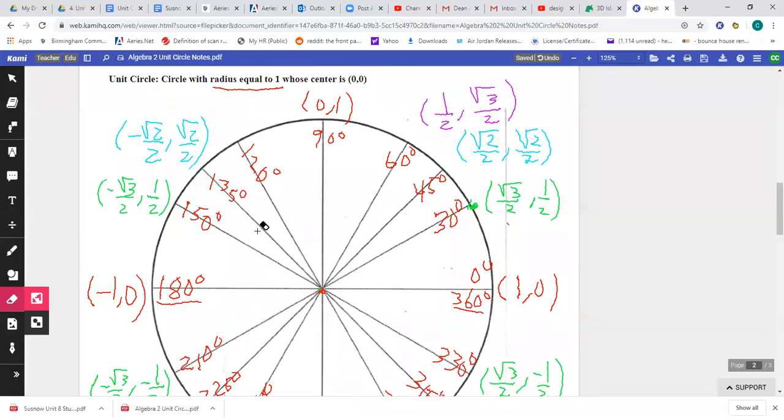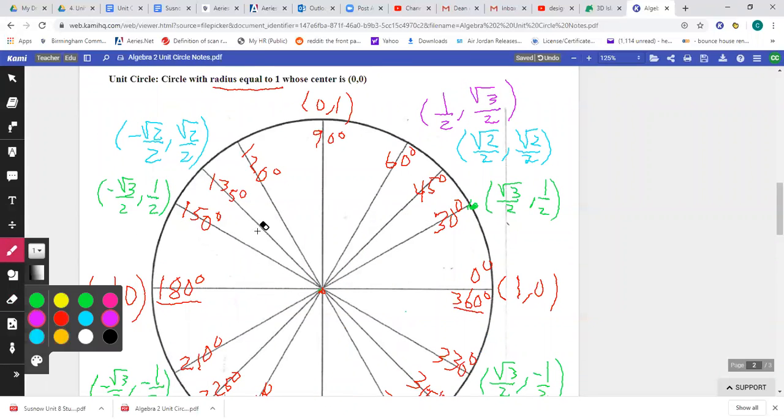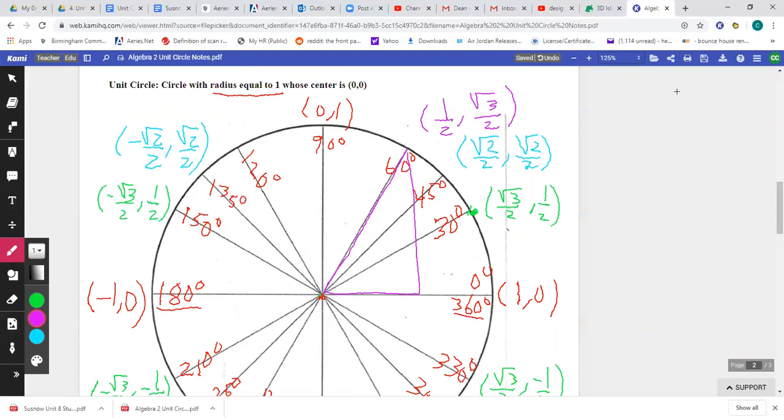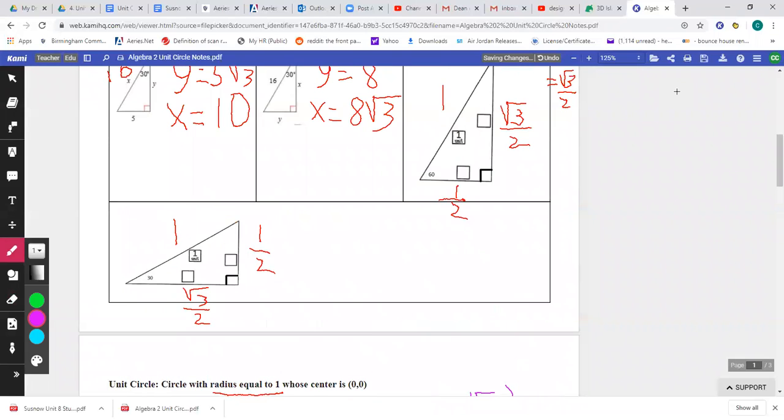Okay, so if we do the purple, we have this triangle. And we established before that if this is 60 down here, right?